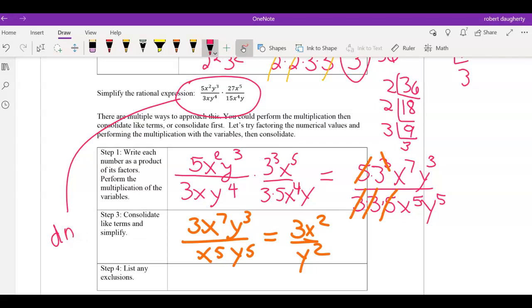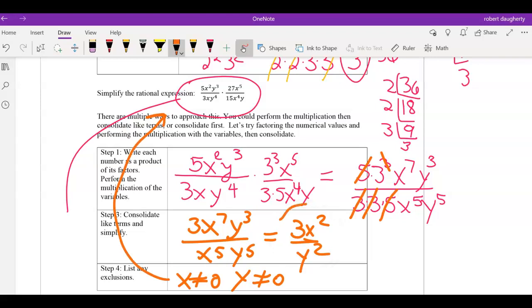When would the denominator be 0 in that particular expression? So in that expression, I know that x cannot be 0 and y cannot be 0. Those are the two exclusions, because if I look at that original problem, if either of these conditions happen, I would be dividing by 0. So it's very important that you're looking at the original to get these answers.